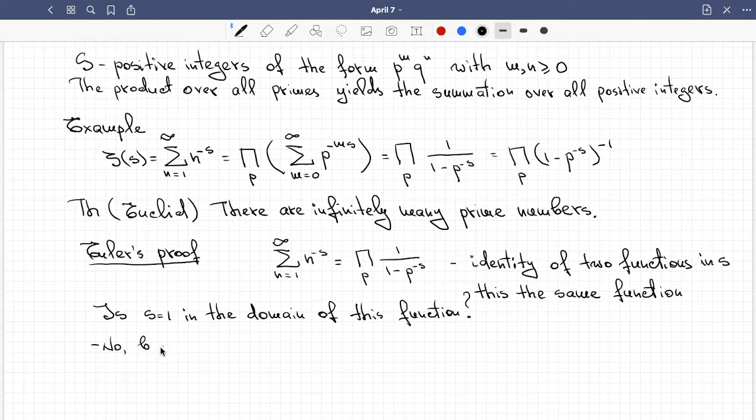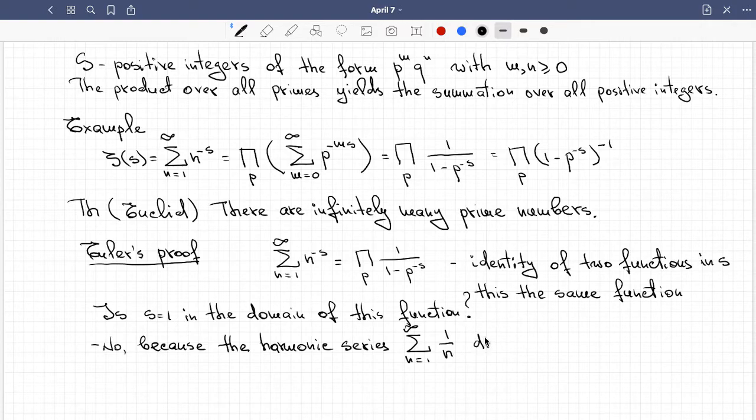Because of the harmonic series, the sum from 1 to infinity of n to the negative 1. When s is 1, n to the negative s becomes n to the negative 1, which is 1 over n.